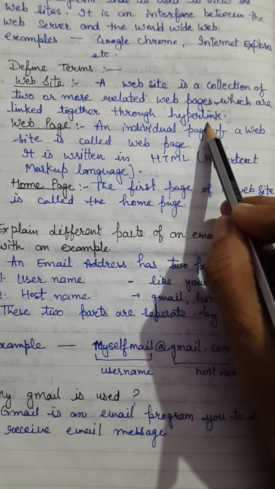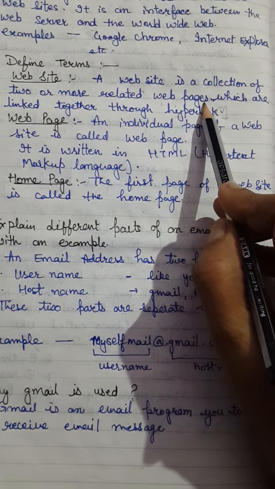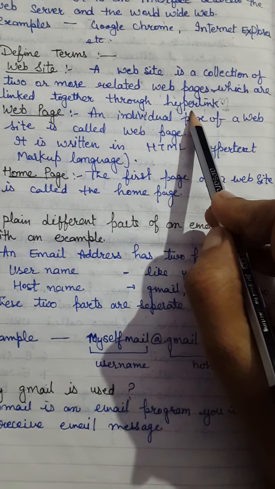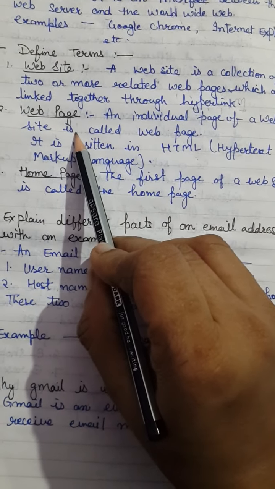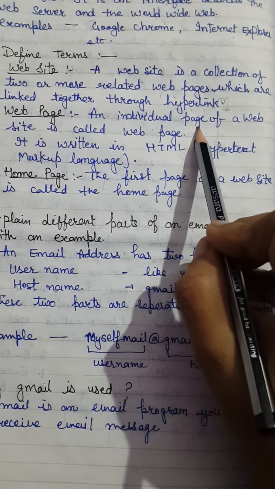So in a website, multiple pages are linked together with the help of hyperlinks. After that we discuss the web page. A web page is a single, individual page of a website.